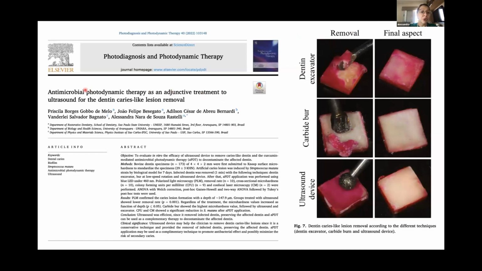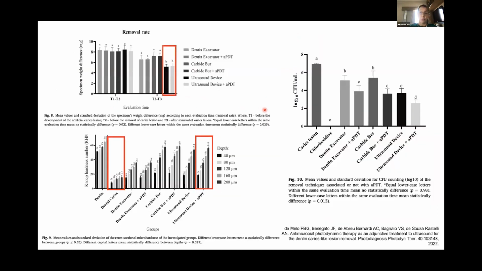So we published another paper based on this association of techniques, where we used the ultrasound to remove the dentin caries lesion, and after that we performed the APDT to decontaminate the affected dentin, and after that we started the restorative procedure.